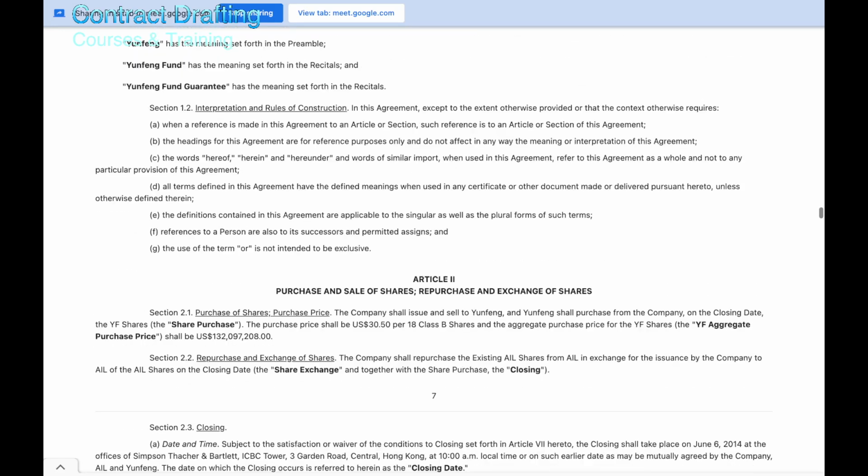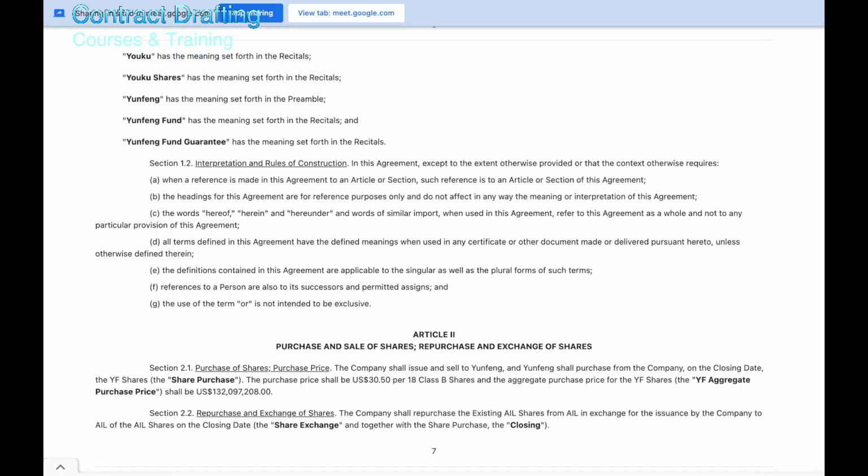Now, this is section 1.2, interpretation and rules of construction. What they are saying is that in this agreement, except to the extent otherwise provided or the context otherwise requires, so there is a qualification that although this manner of construction has to be followed, it is subject to any statement to the contrary in the agreement or by way of context.